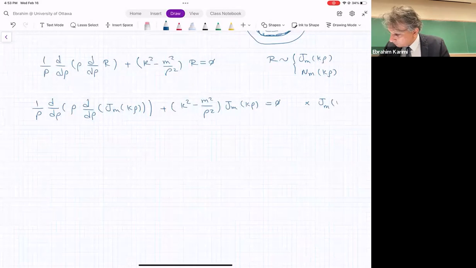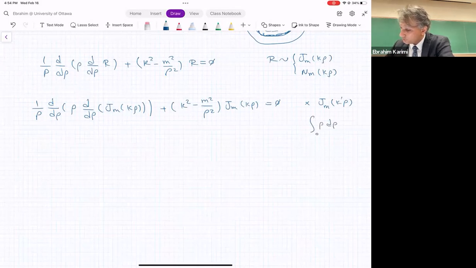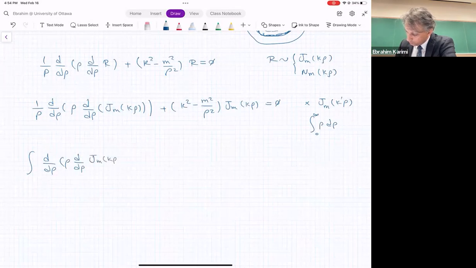So Jm of k prime rho, let's start with this and see what we get. Multiply both sides with this and integrate rho d rho from 0 to infinity. So the equation will be the integral of d rho of rho d rho of Jm of k rho.